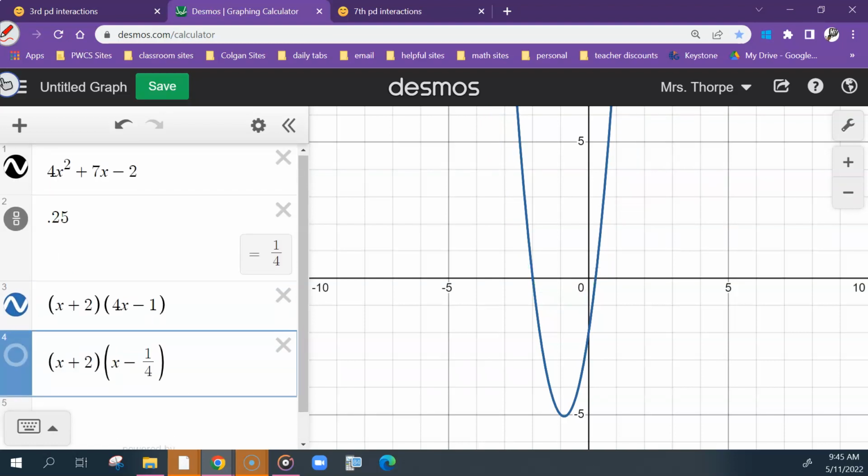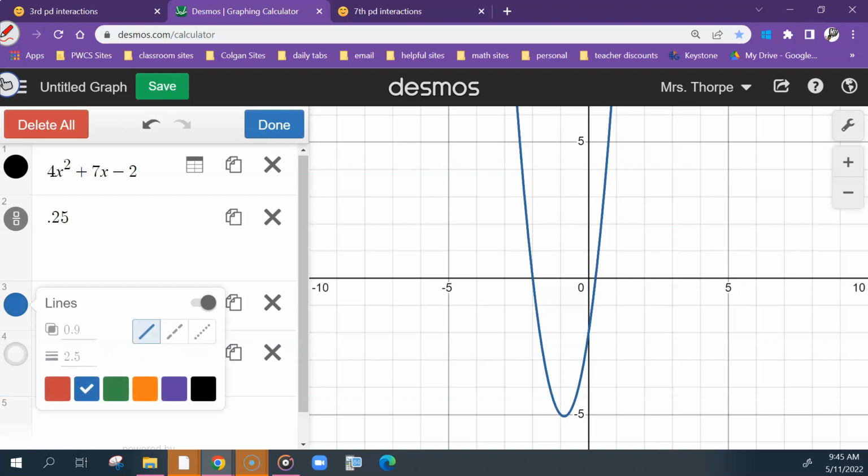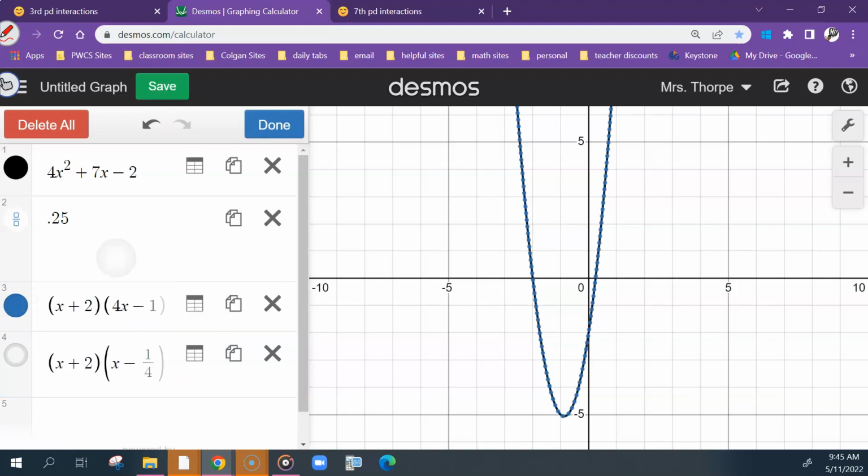So as I'm looking at these two, I don't know if you'll be able to change the lines and colors. You might be able to, but I see that these overlap, so those would be my factors. The only issue about factoring like this in Desmos is that if you have a GCF, it's not going to show up.